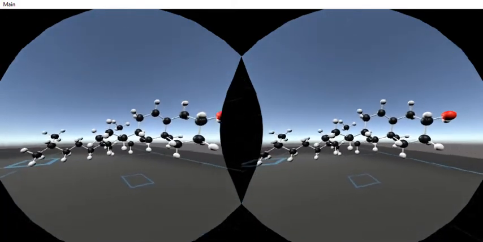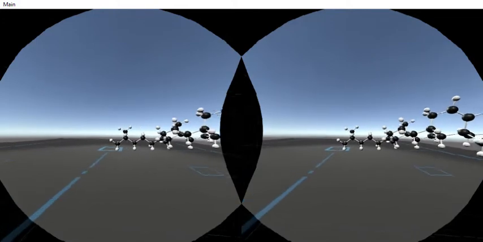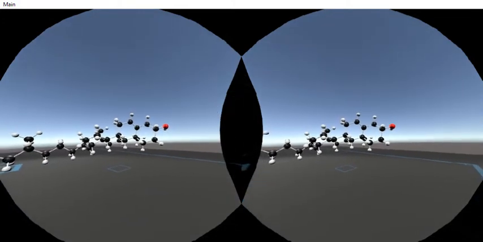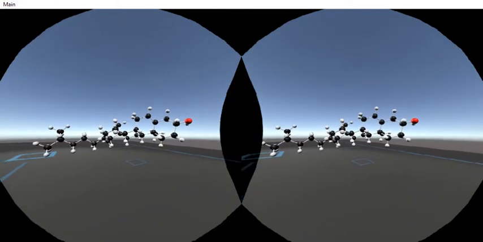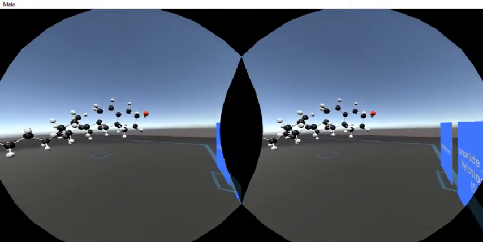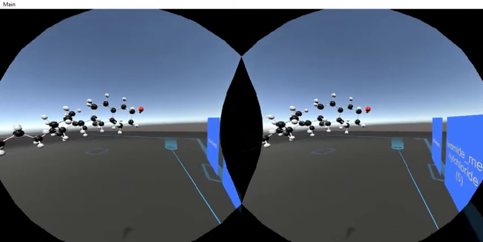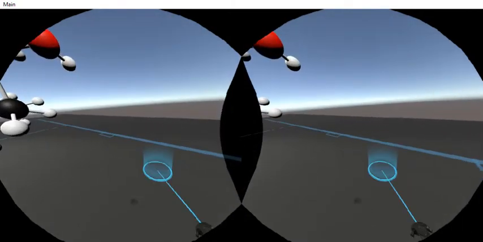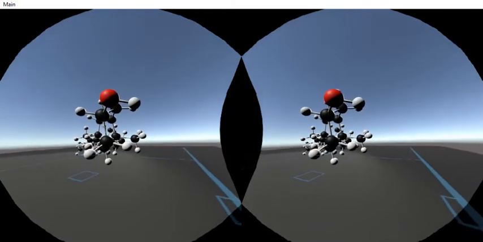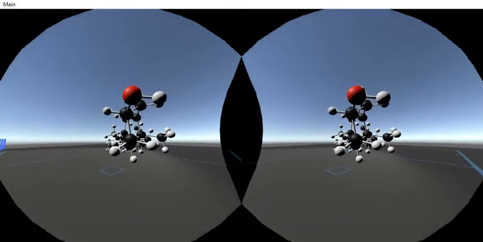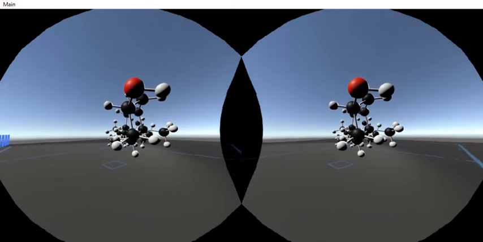We can try and walk around the molecule a little bit and go over towards where the oxygen is. But notice we can get a very good view of what the shape of this cholesterol molecule is. How would you describe that cholesterol molecule as having what kind of shape?